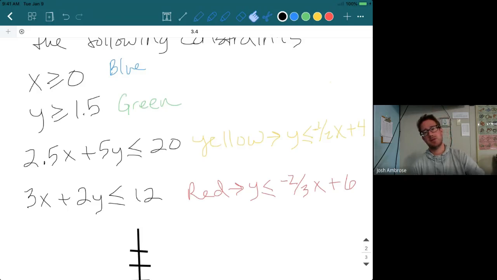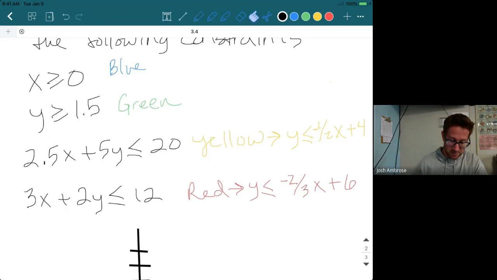You want to take equations that are not given in mx plus b format and convert them. I did the same thing for the red equation: what's written in black is the original, and what's written in red is the converted equation. So we have all of our given constraints.